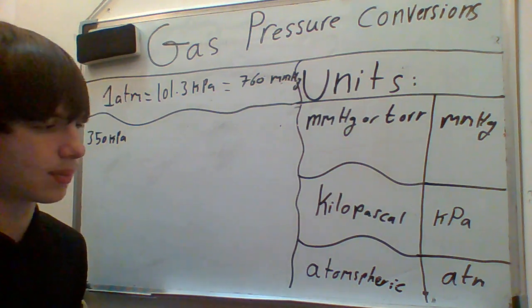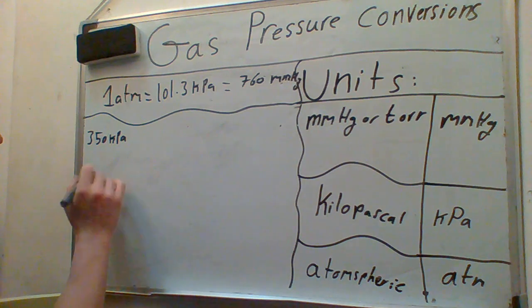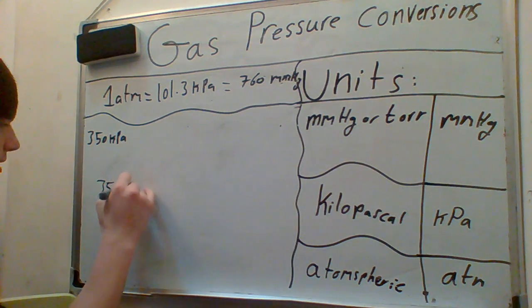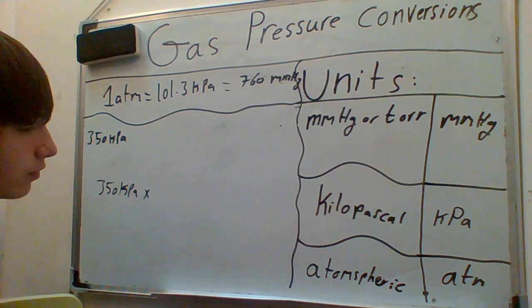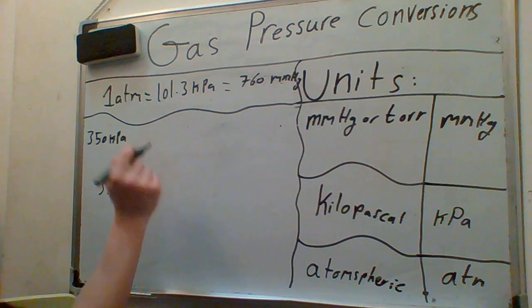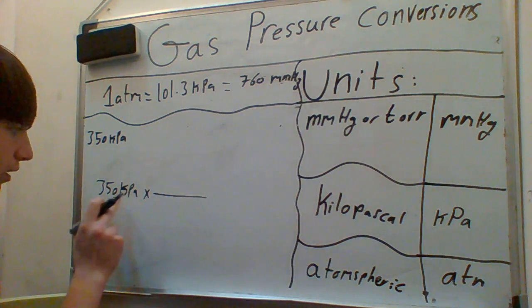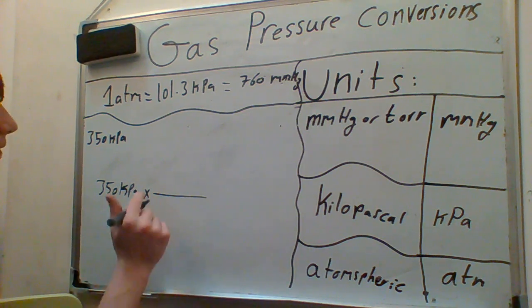We start by writing 350 kilopascals down, and we think about the unit that we need to convert to. Let's say we want to convert it to atm. In order to cancel the unit kPa, we always need to have kPa underneath, by dividing.